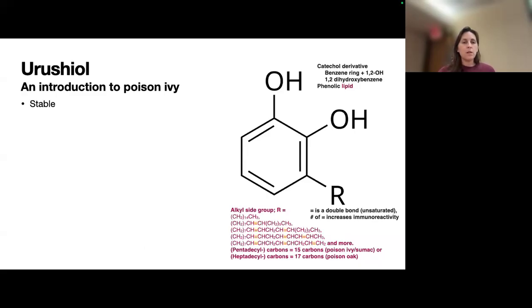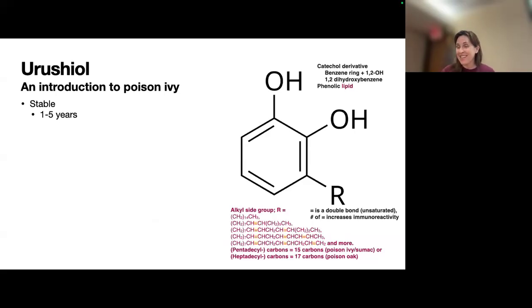All right. So other tidbits about urushiol, it's an incredibly stable compound. So this benzene ring, incredibly stable. These alkyl side groups, incredibly stable, meaning that it's going to hang around for a long time. And if you contaminate your tools, it can sit on your tools in the proper environment 1 to 5 years or even longer.